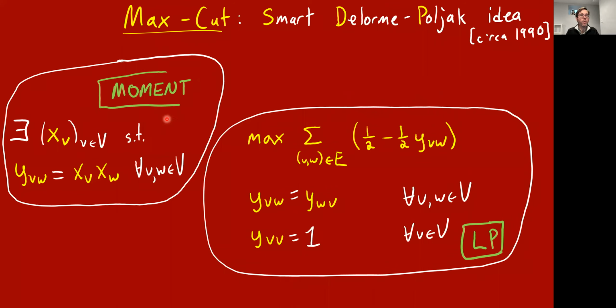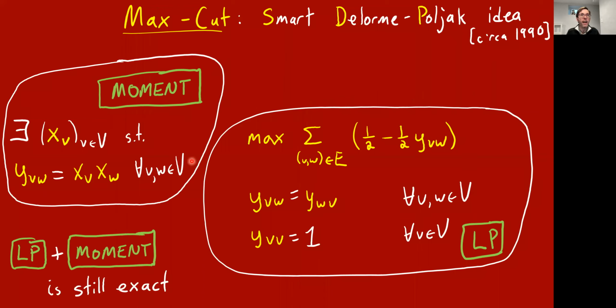But let me call this, for reasons we'll eventually see, the moment constraint. And I still want to say that this linear program, together with this moment constraint, exactly captures max cut. This moment constraint is not a linear inequality constraint, but these two things together exactly characterize max cut.